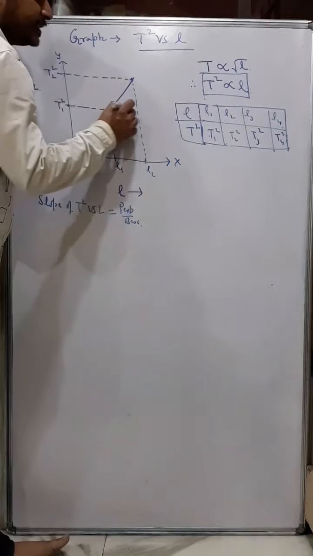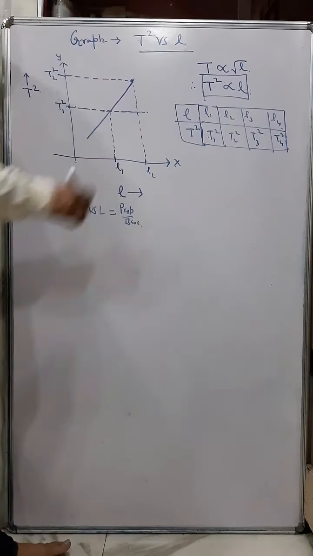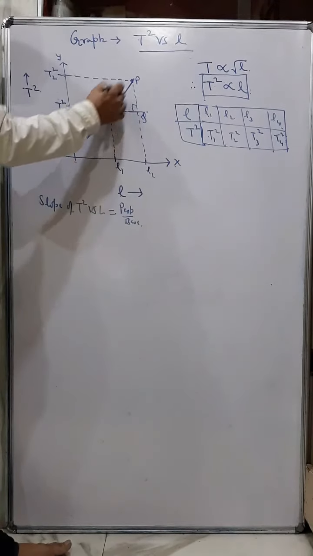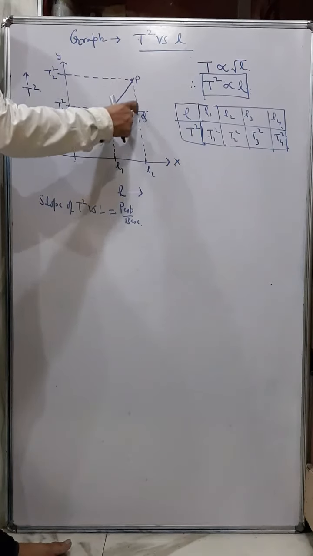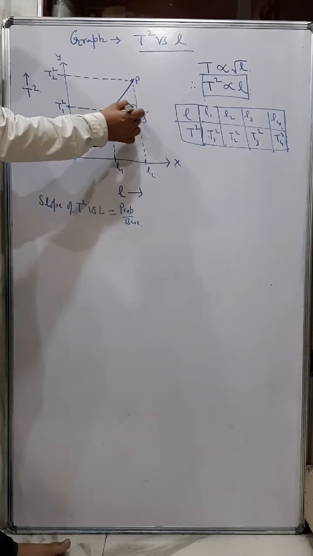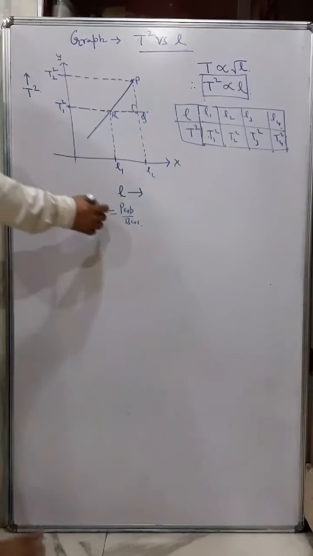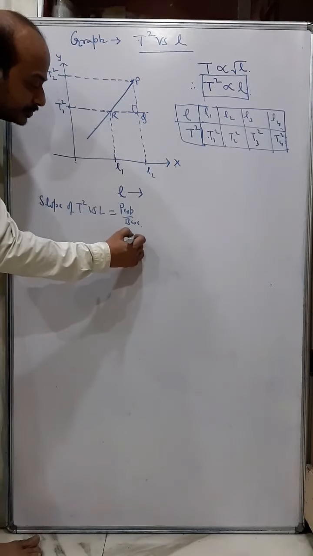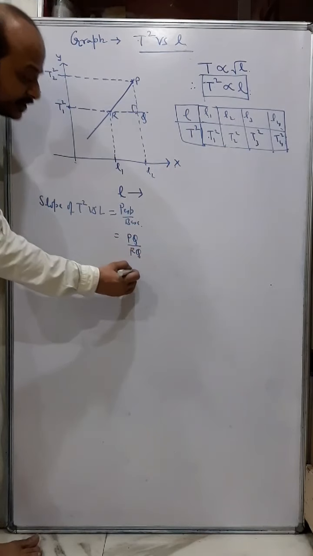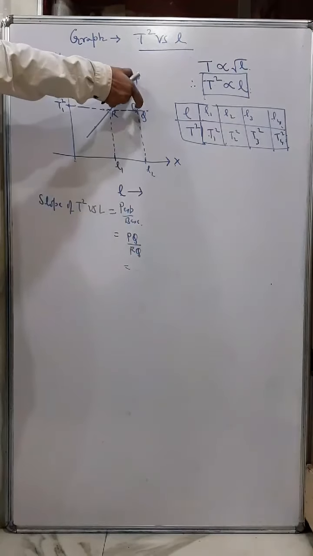I'll extend this line, and then I'll get a right angle triangle PQR, and I want to get the slope of this triangle. Slope means perpendicular by base, so here slope means PQ by RQ, right? Now PQ means this length.